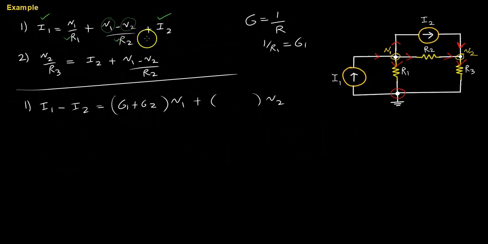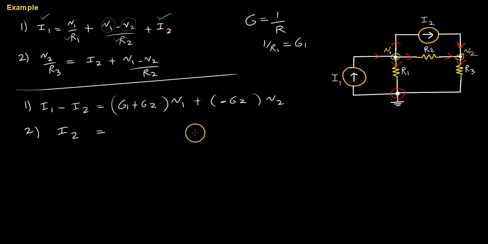So looking at the second one, for V2 we have a minus sign, so minus 1 over R2. So in that case that's negative G2. And for the second equation, I'm going to take everybody here on the other side to keep I2 positive. Either way should work, but that's just preference. So in this case, what do we have? V2 over R3 minus, or minus a minus is a positive.